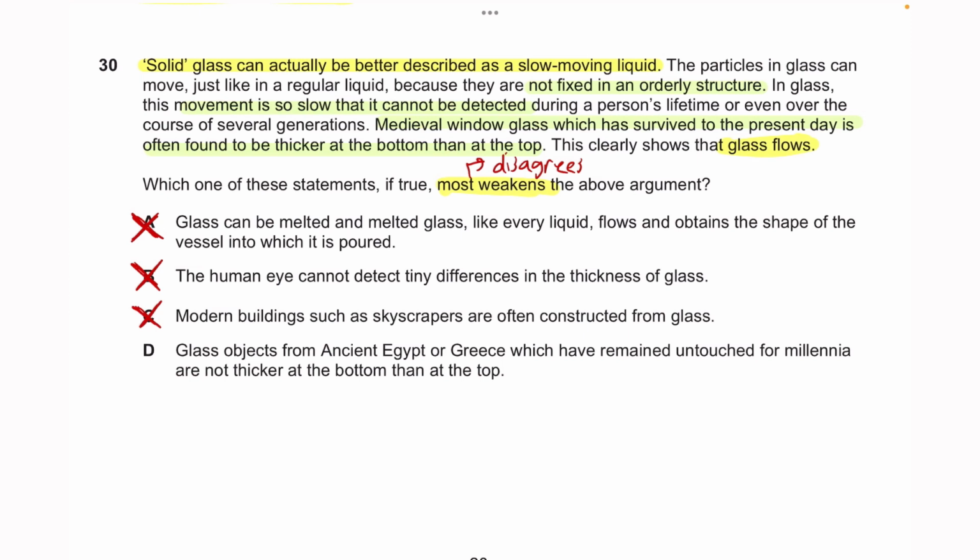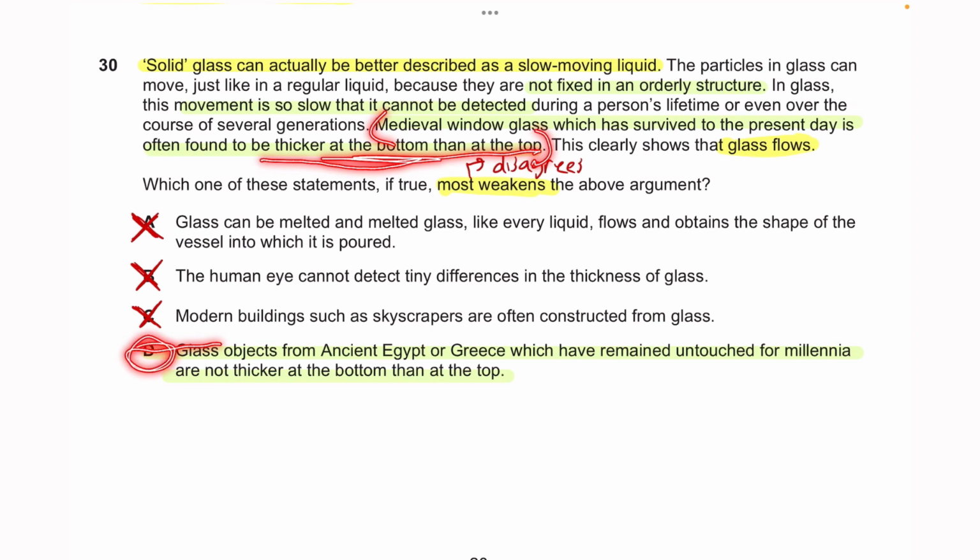Then we've got D. Glass objects from ancient Egypt or Greece which have remained untouched for millennia are not thicker at the bottom than at the top. And so you can see that D is our weakening statement that helps weaken the above argument, because the evidence that they've given as to why glass is a slow-moving liquid is that medieval window glass is thicker at the bottom than at the top.